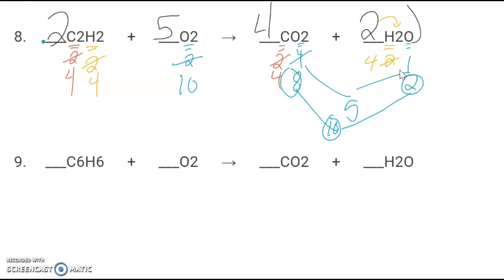And our last one to work on today is number 9. So on number 9, we have 6 carbon to start with. On our product side, we have 1 so far, and we need that to equal 6. So blank times 1 will equal 6. So if we put a 6 up here, that's going to give us 6 carbon.